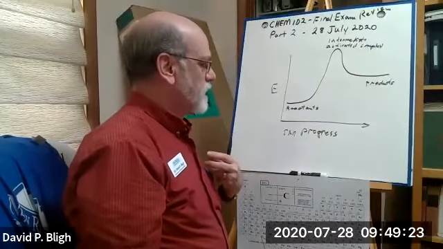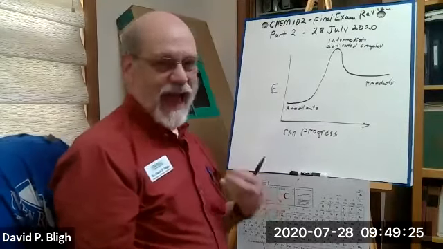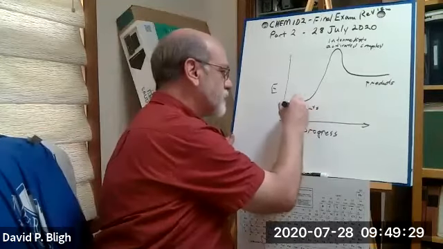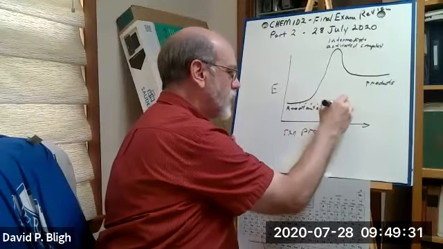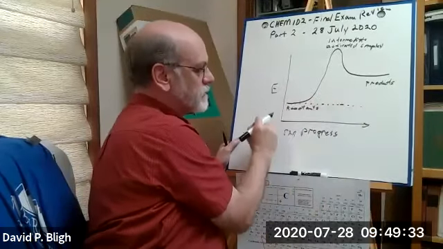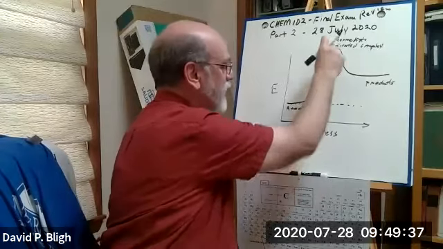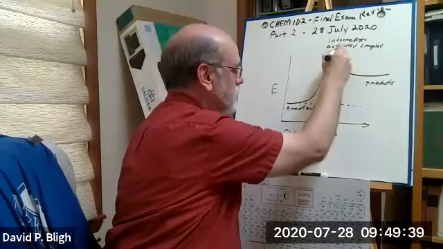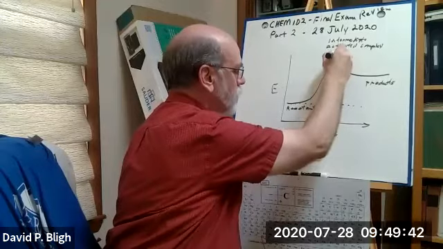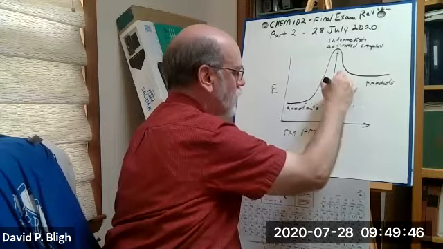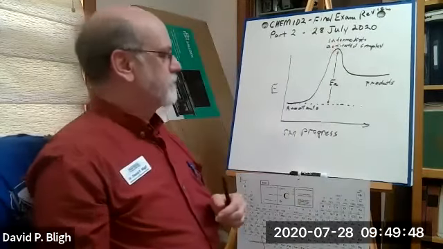Okay, so what's the activation energy for this reaction? Right? It's the difference between the energy of all the reactants together, the difference between this energy level and that energy level.